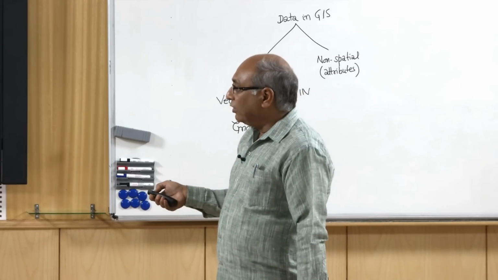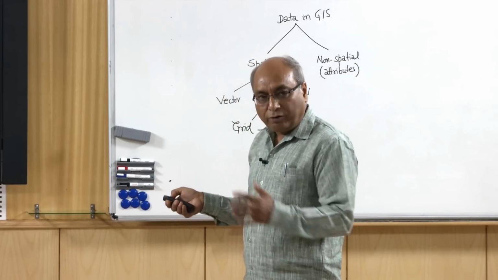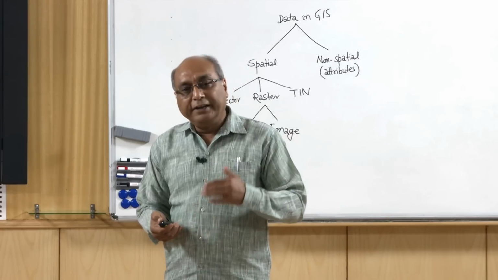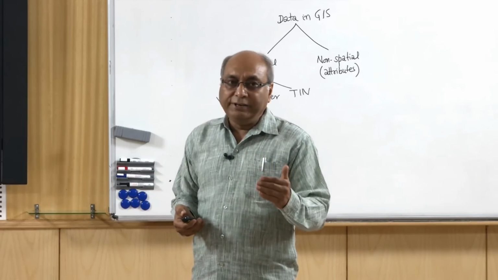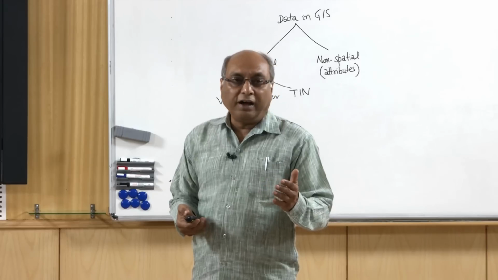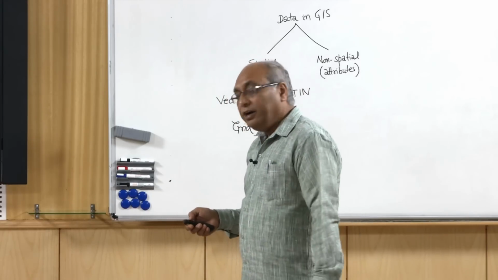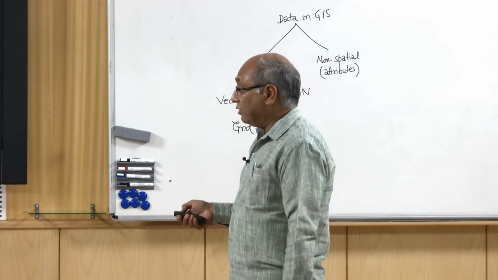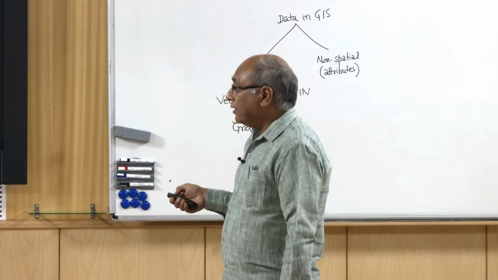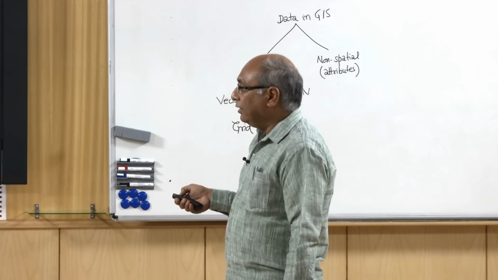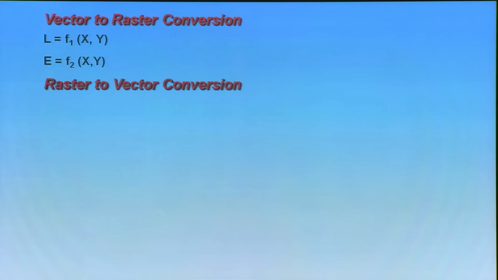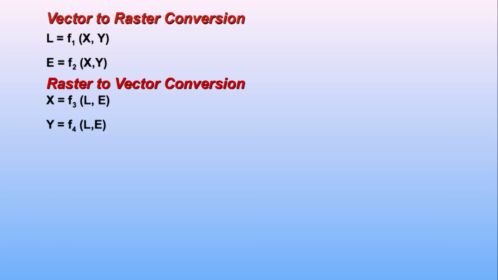Polynomial equations are used not only in the conversions; later on they are extensively used in georeferencing as well. When we discuss that, we will go through different orders of polynomial equations there also. Here the inputs are x and y from your vector data, which are your coordinates, and using polynomial functions you will get the line number and row number.